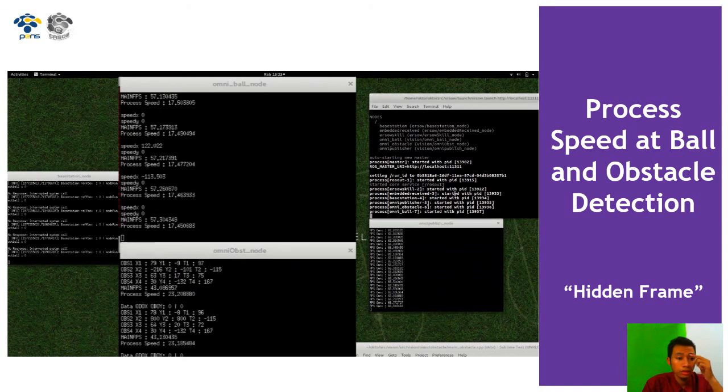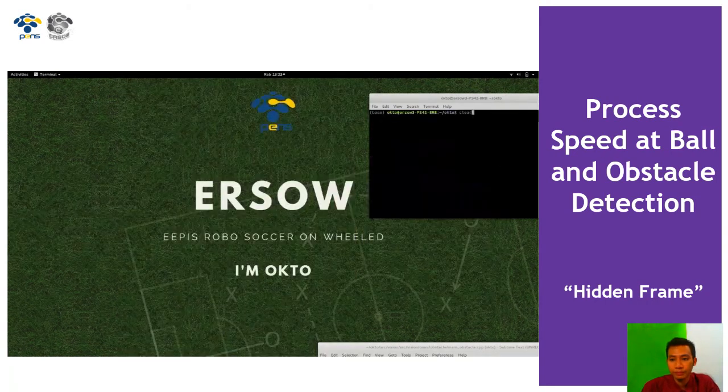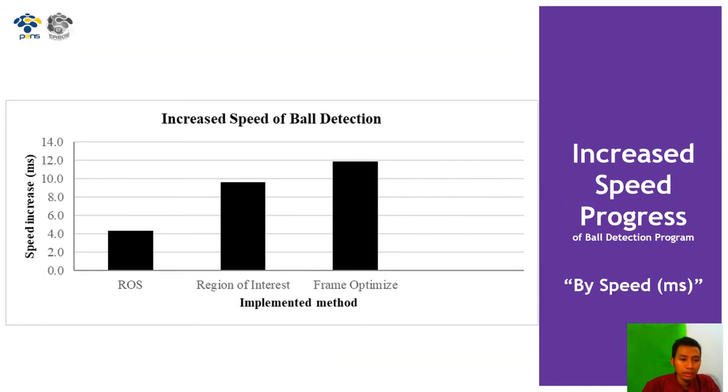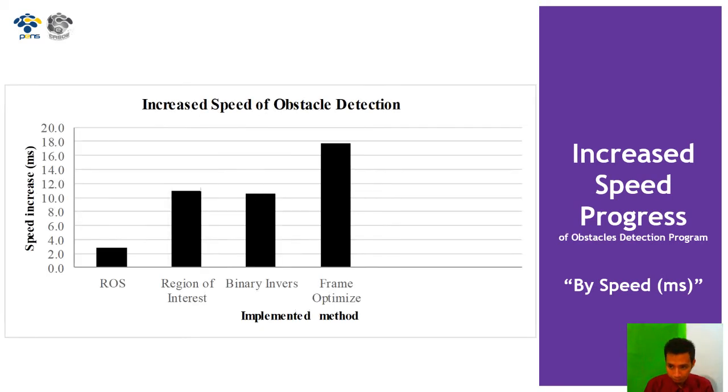I think this is good progress for our robot, so the robot can do the obstacle detection and ball tracking very well. So this is the graph of increasing speed by progress. I used ROS and maximized region of interest and frame optimizing. And this is the graph of increasing speed of the obstacle detection program.